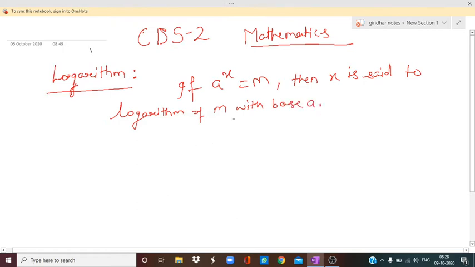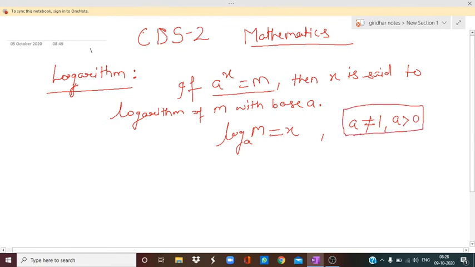So this is the exponential notation, and then the logarithmic notation will be log m with base a equals x, where we always remember a is never 1 and a is greater than 0. The base is never negative and the base is never 1. This is the exponential notation, and the same has a logarithmic notation.